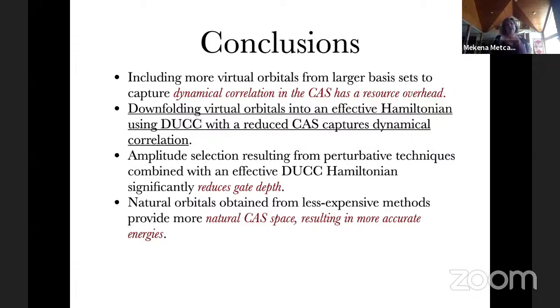Third, amplitude selection resulting from perturbative techniques combined with an effective DUCC Hamiltonian significantly reduces gate depth of working with these larger basis sets. And lastly, natural orbitals obtained from less expensive methods provide a more natural active space and result in more accurate energies.